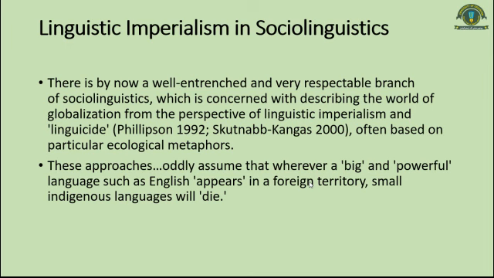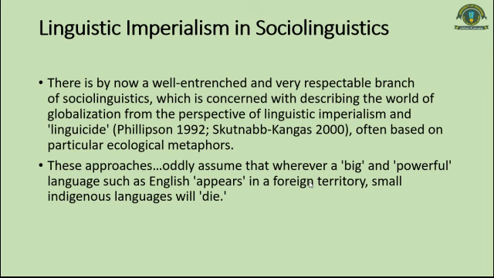So linguistic imperialism can be found in social linguistics also. This is by now a well entrenched and a very respectable branch of social linguistics. It is concerned with describing the world of globalization and linguicides, often based on a particular ecological metaphor.